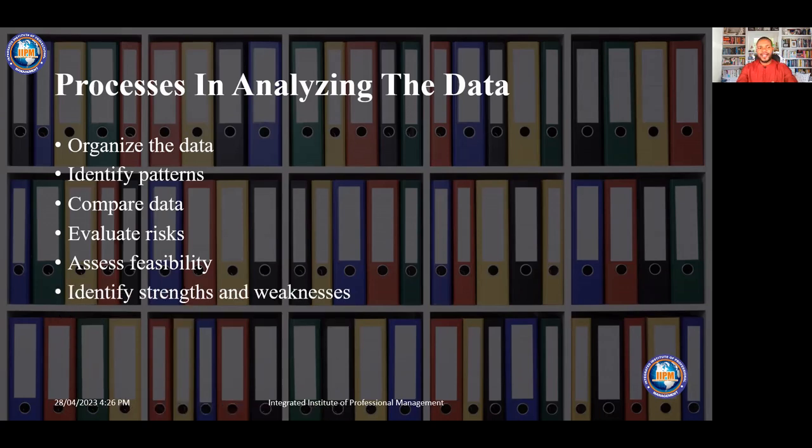Then you have identifying the strengths and weaknesses associated with the data. The strengths and weaknesses will be very obvious. So if you check the information you collected from your competitors, in terms of competitor analytics, you'll be able to say whether your competitors are on the right path, whether you can outsmart them or not.